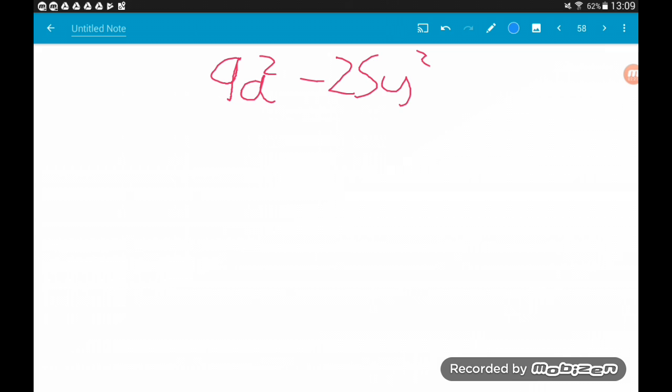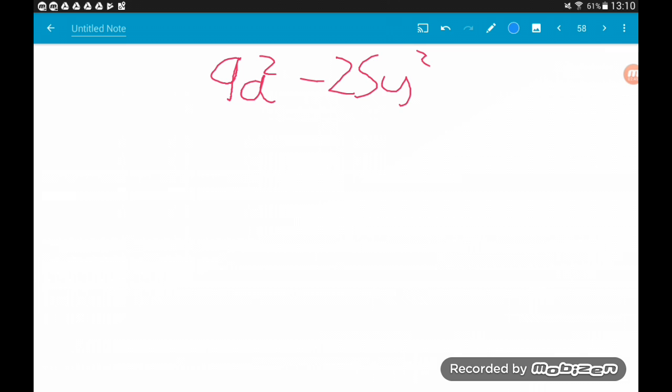We can spot that this is a difference of 2 squares because we have 2 terms, there's a minus in the middle, and both terms are square as well, although that doesn't necessarily have to be the case, as we will see in the next example. But for this one, it is true.